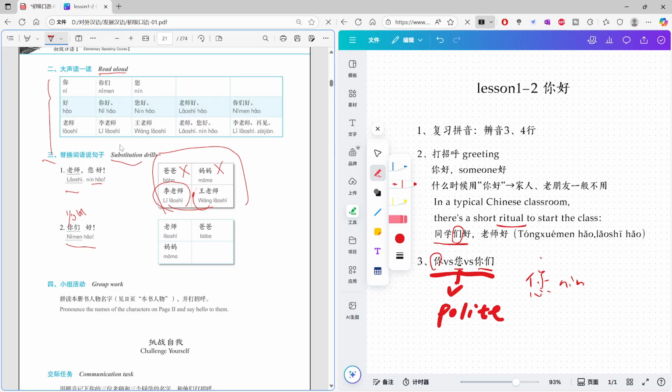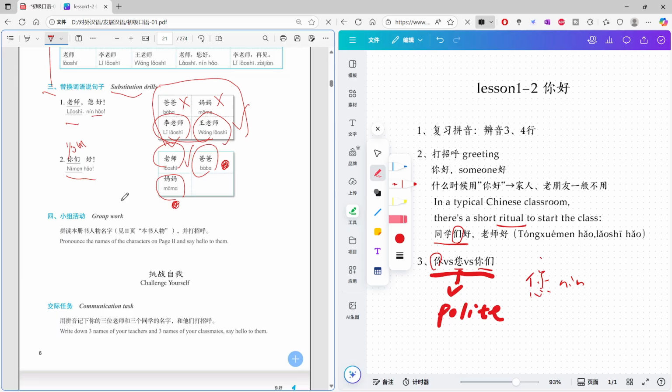And 李老师 and 王老师, yeah, no problem because they are teachers. 你们好, 老师好, good, no problem. 妈妈好, 爸爸好, usually no, right, because we are family, we don't need to be too formal.